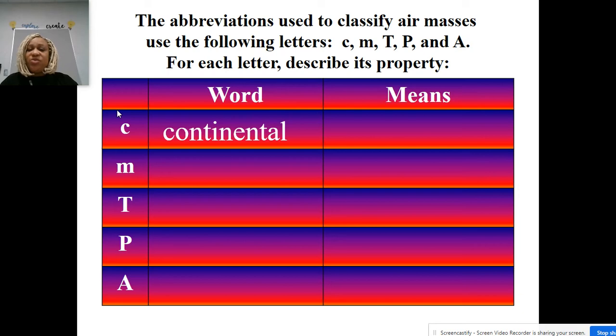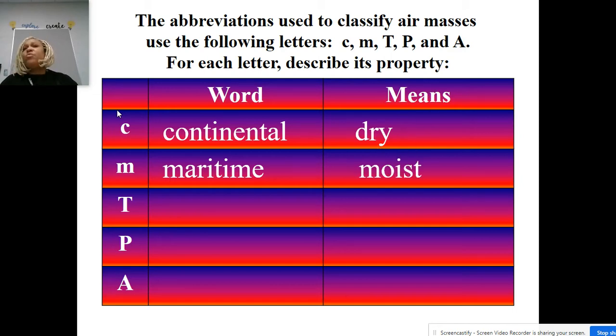The abbreviations used to classify air masses use the following letters: c, m, then capitals T, P, and A. Each letter describes a property. For example, c is continental, which means dry. m is maritime, from marine, like water, moisture, right?